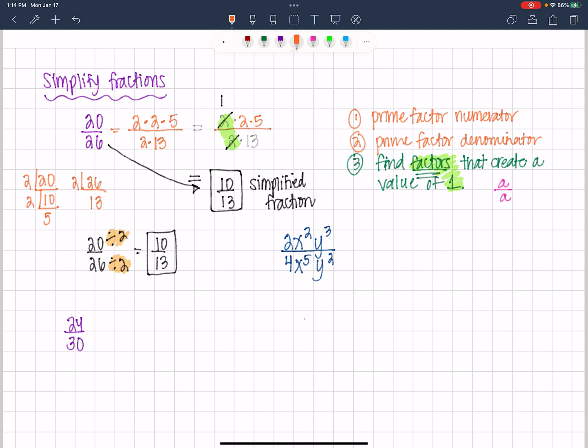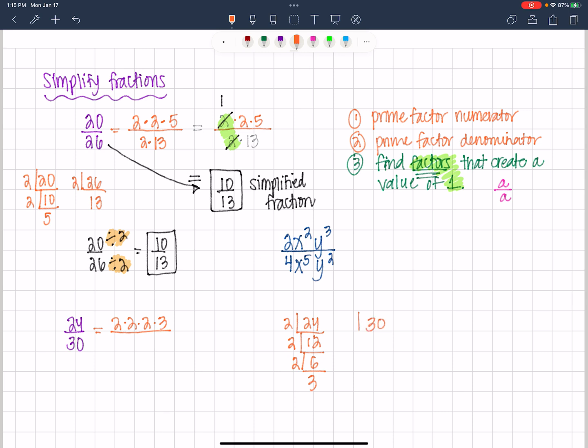I'm going to take 24, and I always start with the number 2 to see if 2 goes into that value. 2 goes indeed into 24 12 times. 12 is not a prime number, so I'm going to try 2 again, and 2 goes into 12 6 times. 6 is not a prime number. 2 goes into 6 3 times. 3 is a prime number. So 24 becomes 2 times 2 times 2 times 3.